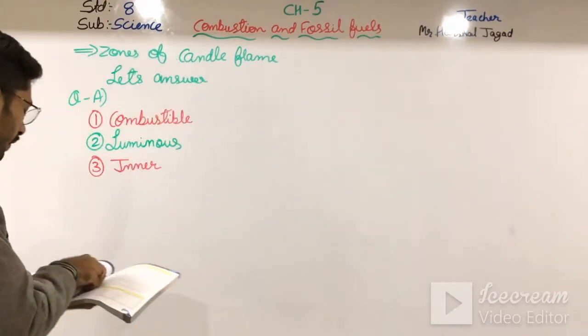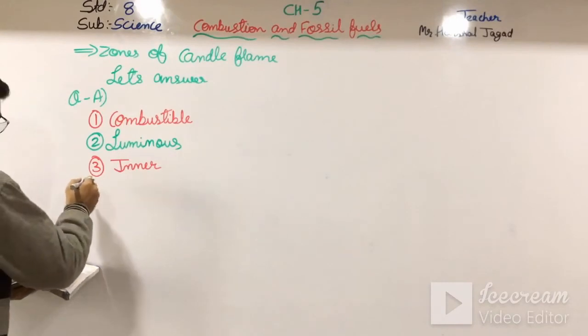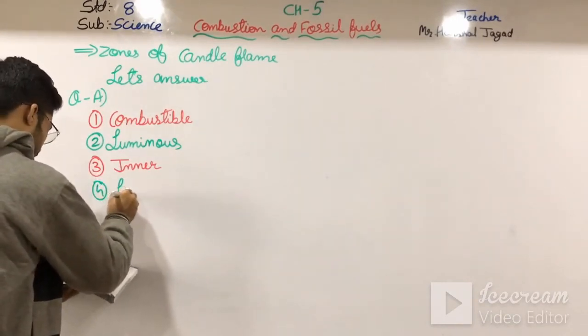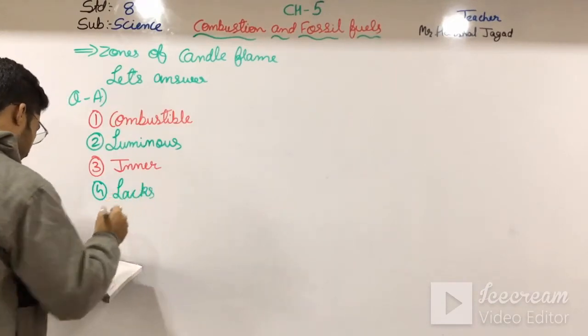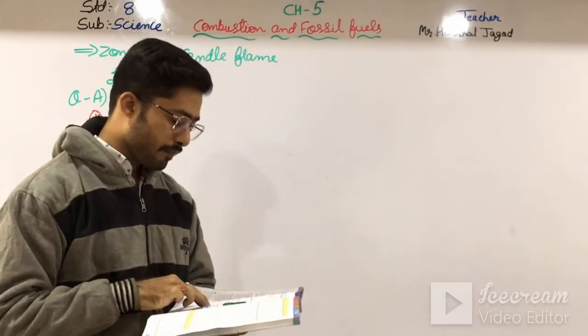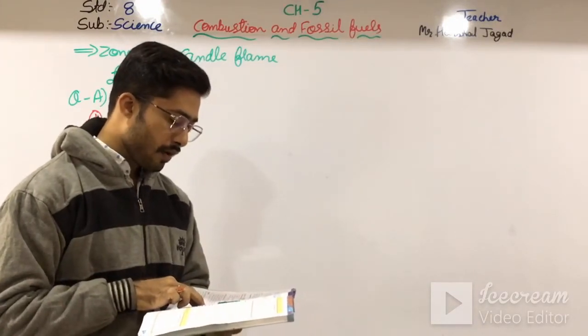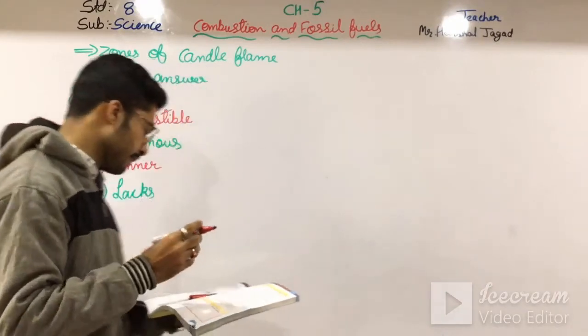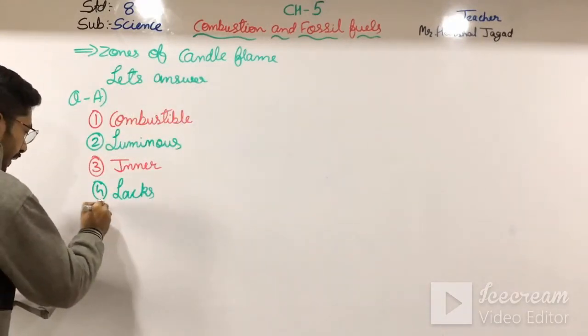Lack of oxygen. Then the fifth one: dash burns to produce a yellow or blue flame. That is hydrocarbons.